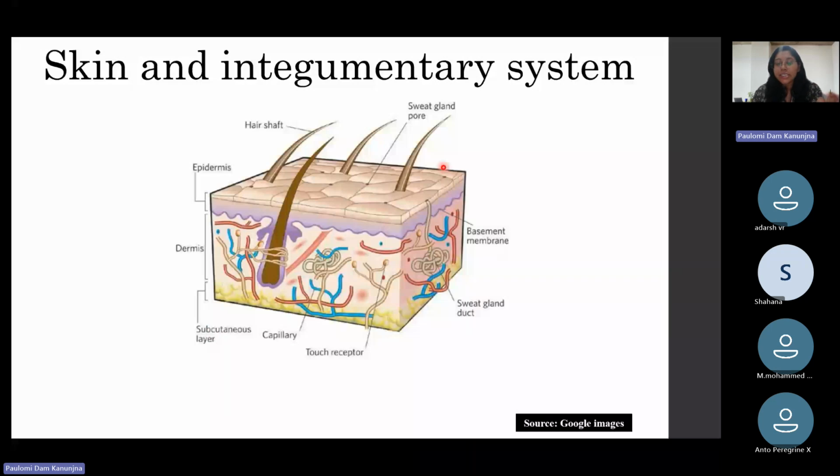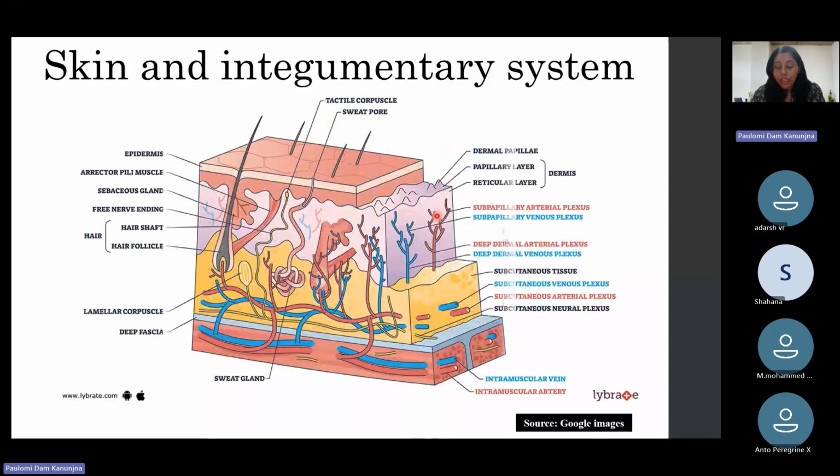All of these topics were touched on in the first session also, but you would have studied them more in depth in lecture 2. Then, moving from a simpler form to a more complicated form, you would have read words like erector pili muscle, deep fascia, dermal papillae, papillary layer, reticular layer. We'll do all of that today.